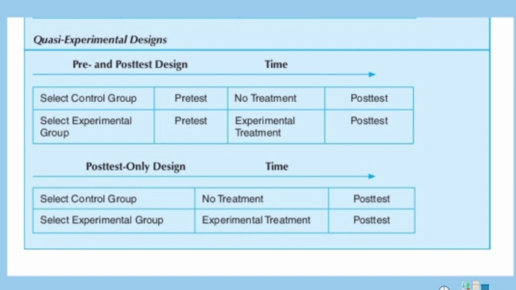Let's take a look at the table on the slide. We can apply the pre-test and post-test design approach to quasi-experimental design. The researcher assigns intact groups the experimental and control treatment, administers a pre-test to both groups, conducts experimental treatment activities with the experimental group only, and administers a post-test to assess the differences between the two groups.